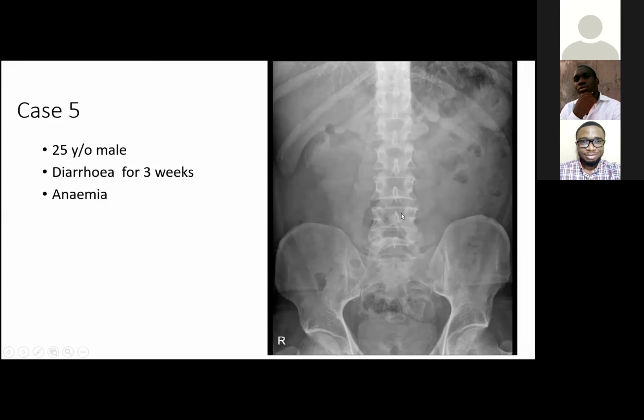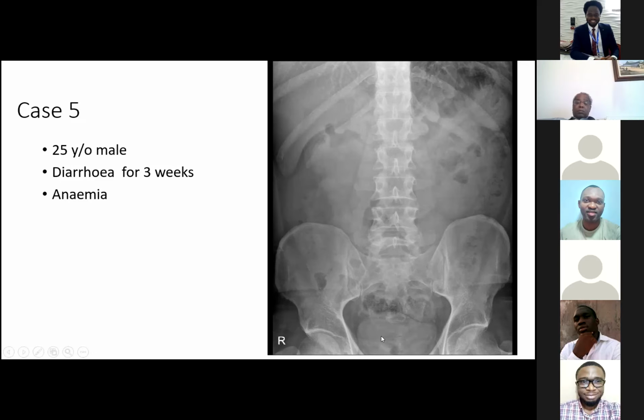Now, the other thing I meant to mention with respect to abdominal X-rays is if you are going to do them, we need to make sure they're technically adequate. And by that, I mean that at the lower aspect of the X-ray, you should make sure that you've included your hernial orifices, i.e. your inguinal hernial orifices. You can see here, this has stopped quite a few centimeters above the level of the pubic symphysis. So you need to be a few centimeters below the level of the pubic symphysis because, for example, if the patient has an obstructing hernia, you'll miss that on the X-ray.